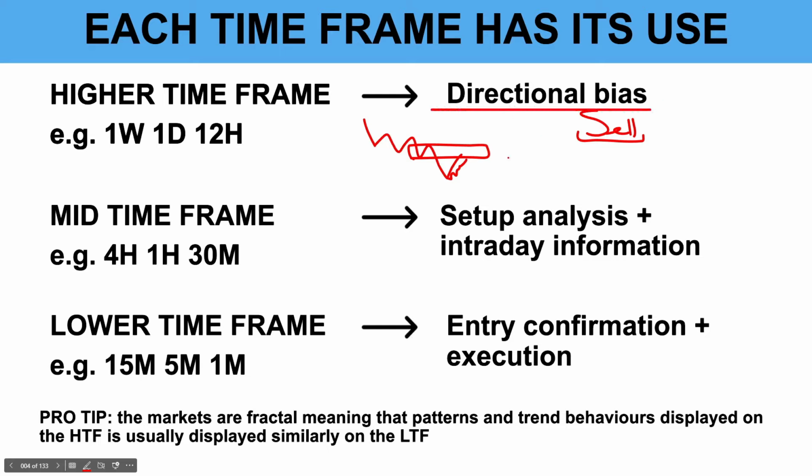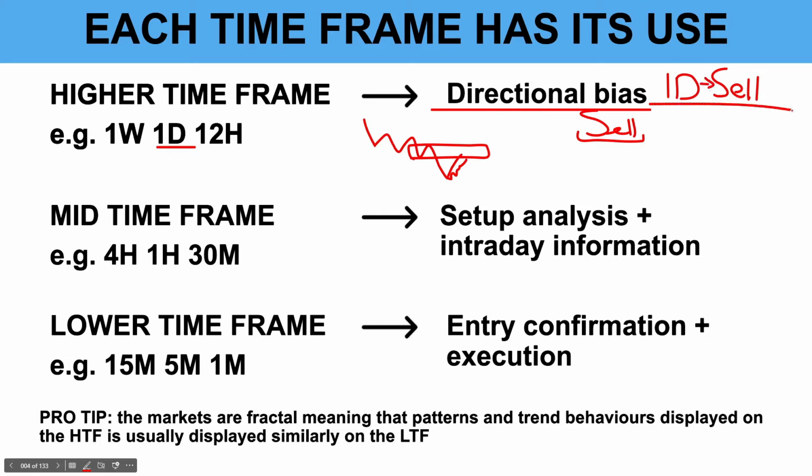So if I'm analyzing Euro USD on a Monday morning and I see that the daily time frame was telling me that our directional bias was sells, I'm literally going to write down on the right hand side of my screen that I should be keeping in mind that on the 1 day our bias is sells.